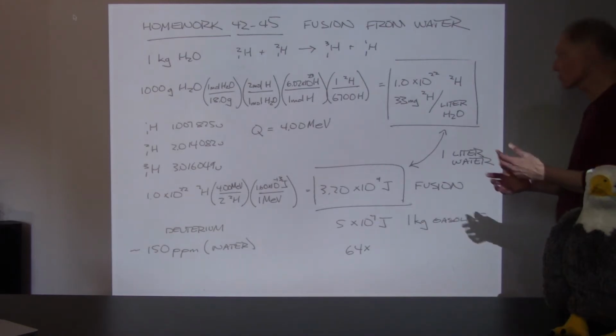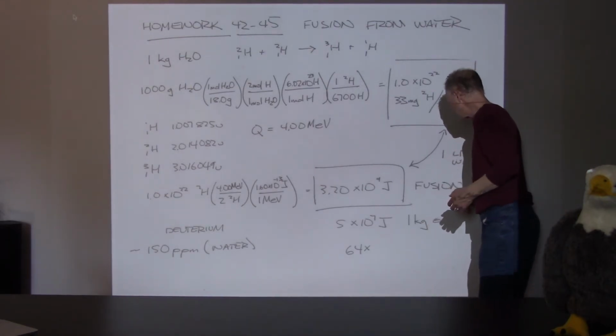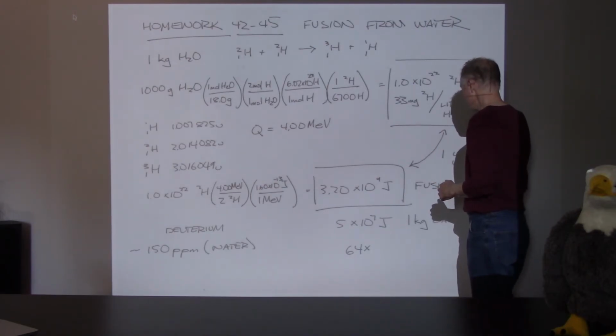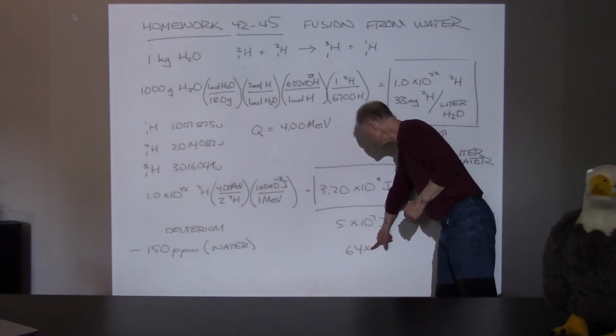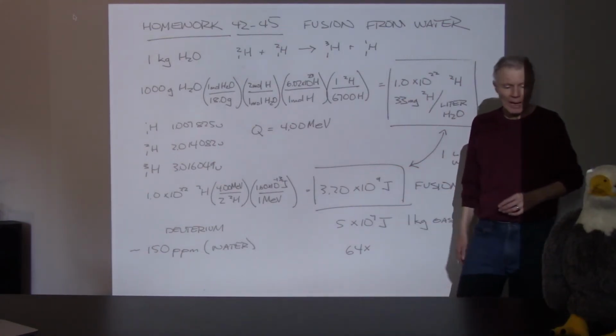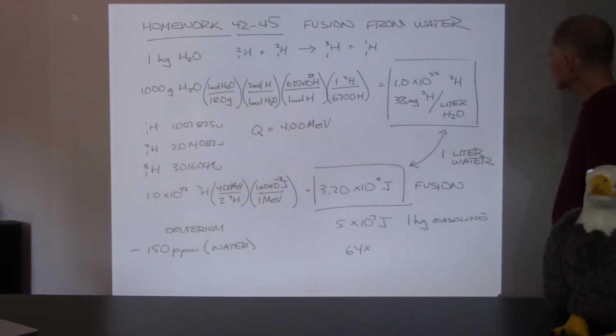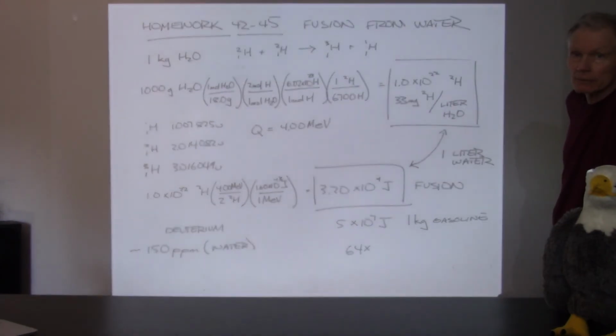So again, lots of CO2 being produced with gasoline, with a petroleum product or a fossil fuel. It turns out that just a liter of water, if there's a way to get out that deuterium and react it, would have 64 times as much energy in it.